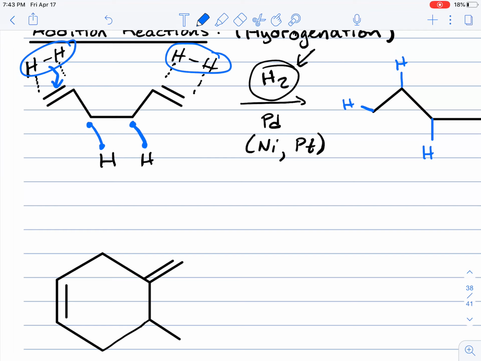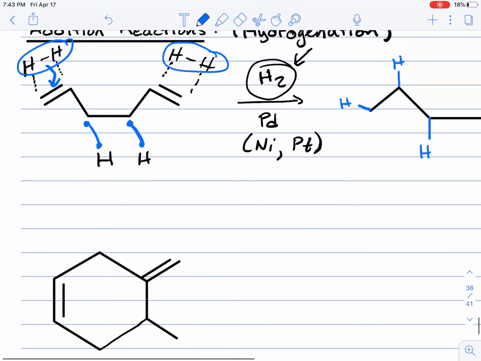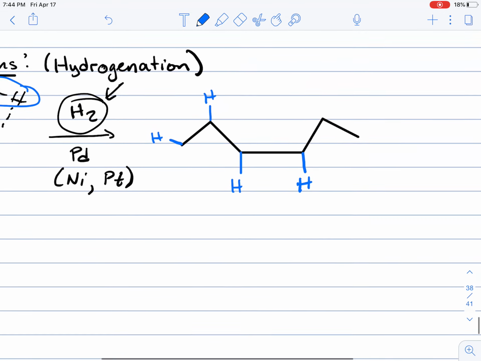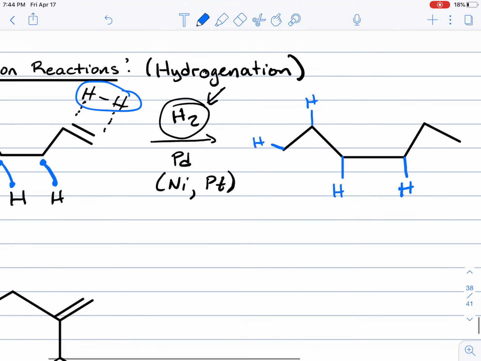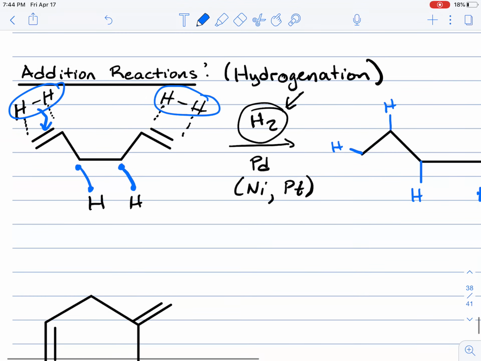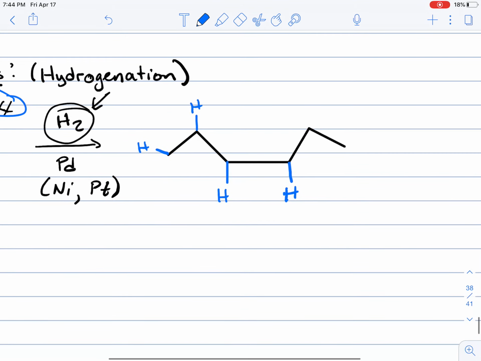And so you can imagine that those 2 hydrogens are now latching on to those 2 carbons at the bottom of this molecule. And so this is the product that we would get. So the last thing that happens is that this 3rd double bond is going to react again with hydrogen gas.